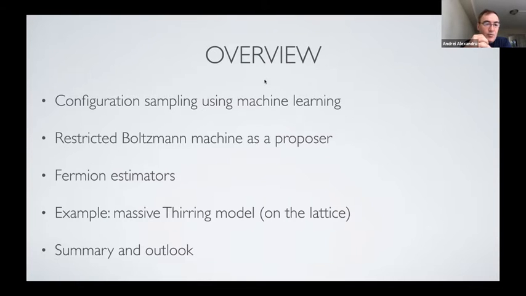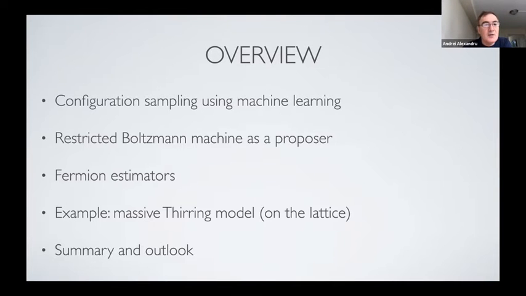And then I will move to describe the fermion estimators that are needed to implement this for QFTs, quantum field theories with fermions, and show this in the context of an example, in this case, the massive Thirring model, at least as regularized on the lattice. And then I'll finish with the summary and outlook.